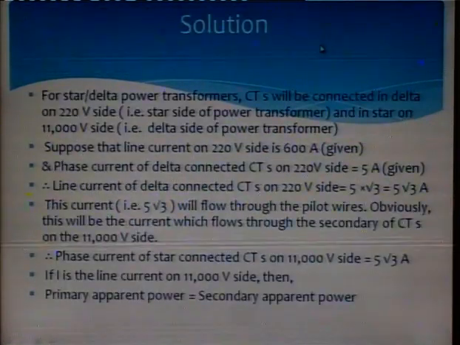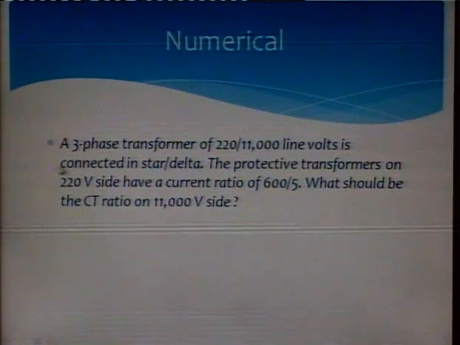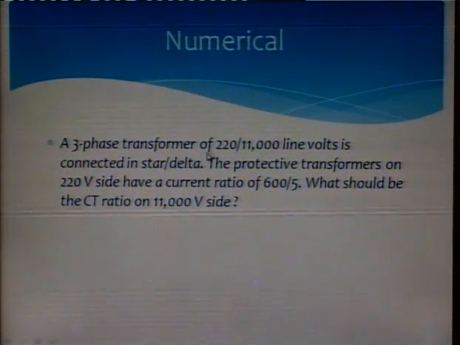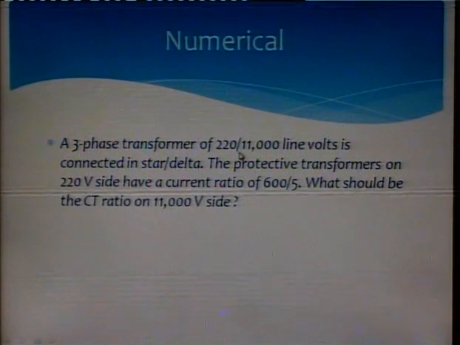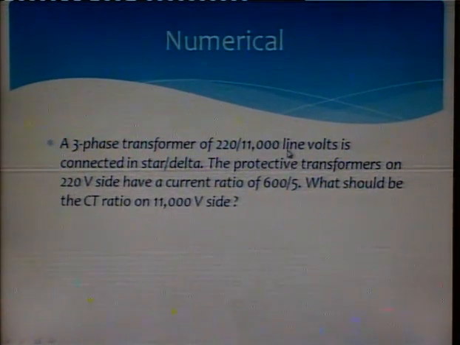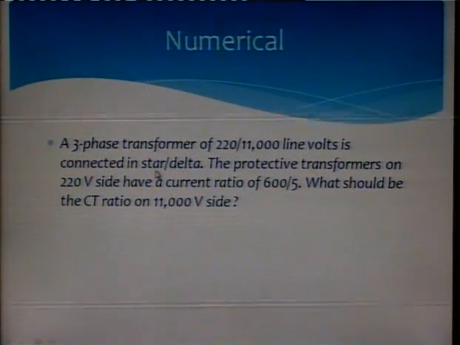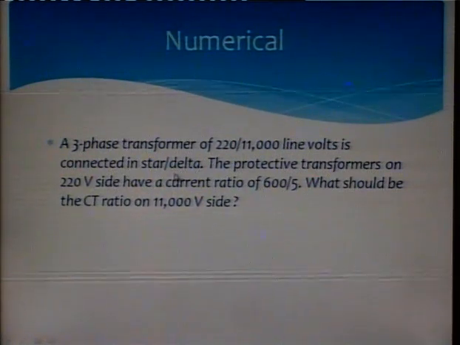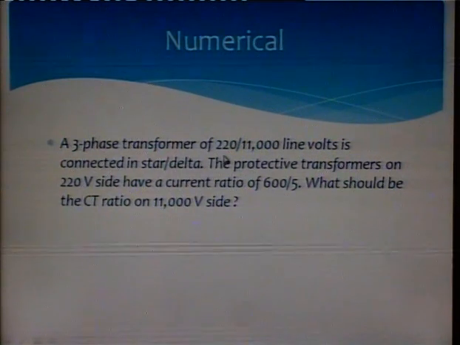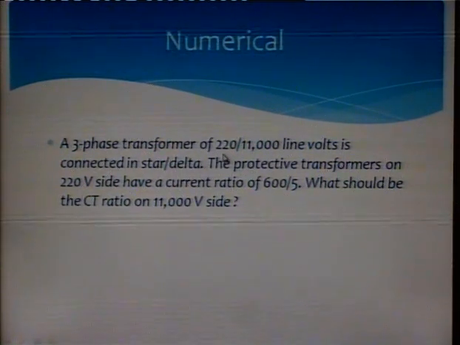So this is a numerical. A 3-phase transformer of 220 kV to 11 kV line voltage is connected in star-delta. So we have a star-delta transformer having a primary voltage of 220 kV and a secondary voltage of 11 kV.